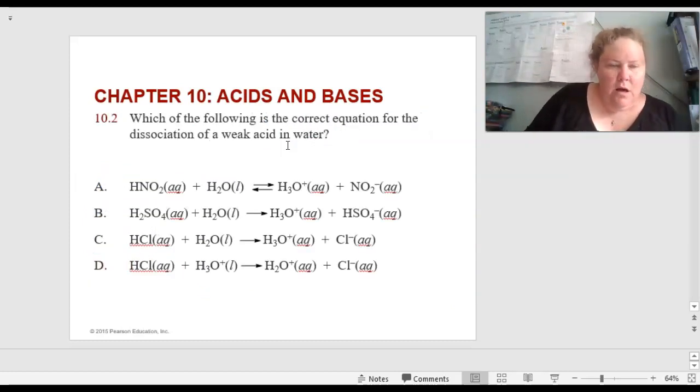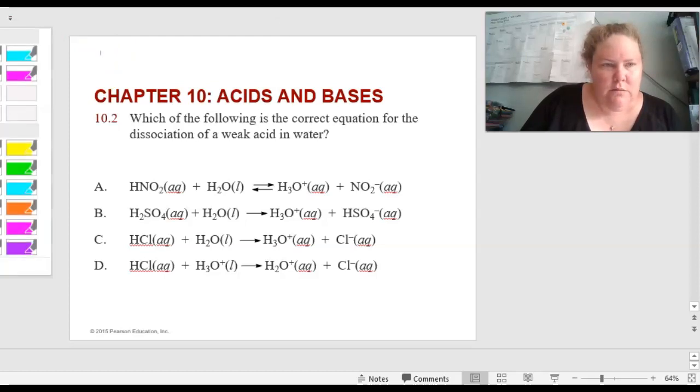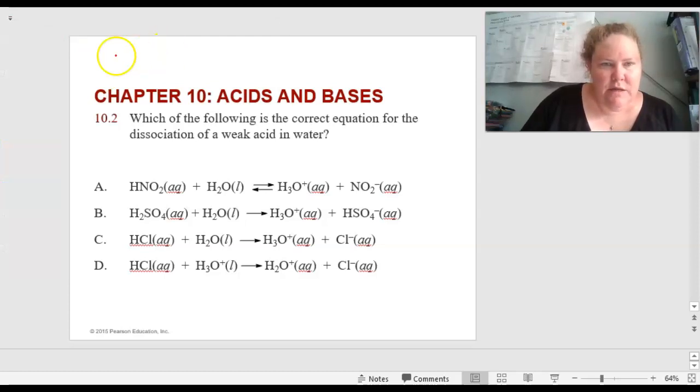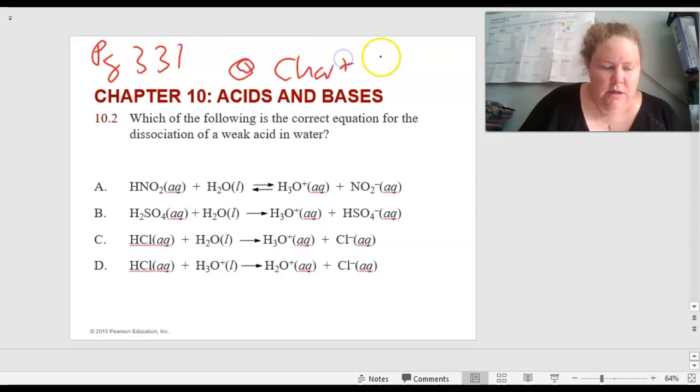Okay. So for this one, what you want to do is look on page 331. Okay, so let me put this here. Page 331. And you're going to be looking at that chart, which is table 10.3 on the strength of acids.